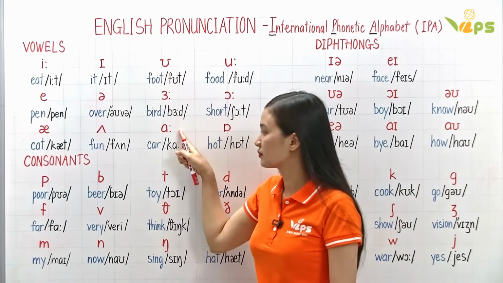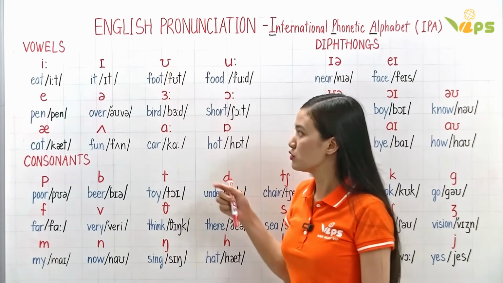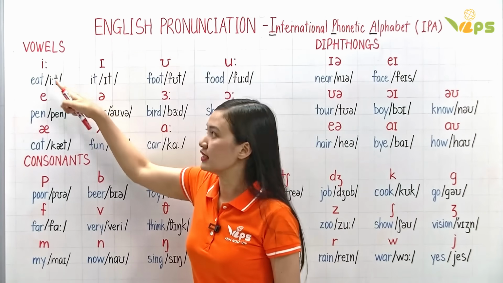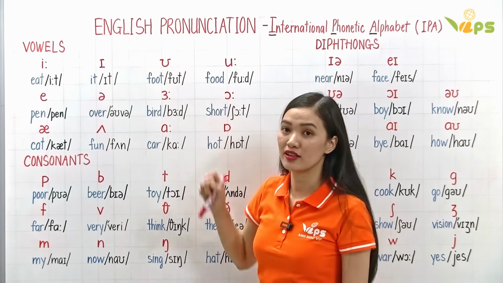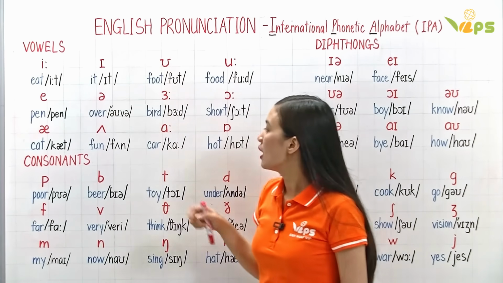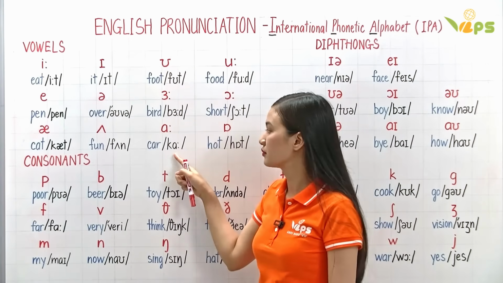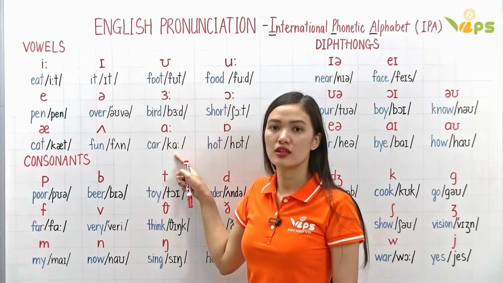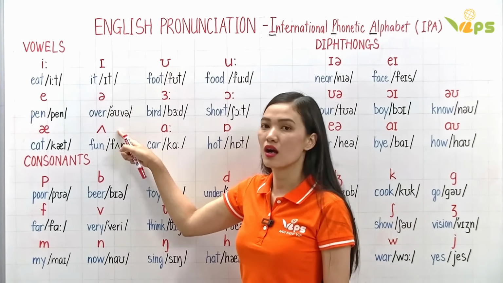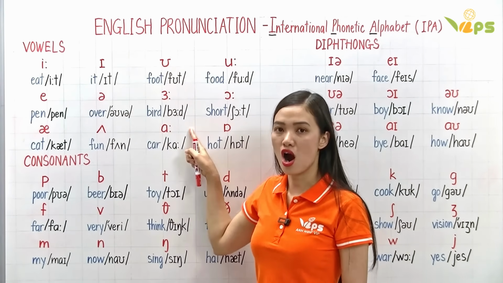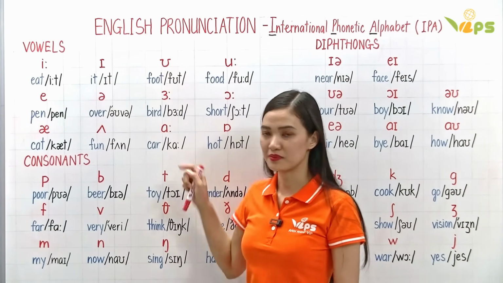This one, long R. Okay, so as you can see, the long vowel usually has the colon here, E with the colon, or R with the colon. Okay. Now, R, car. Now the difference, R, fun, car.